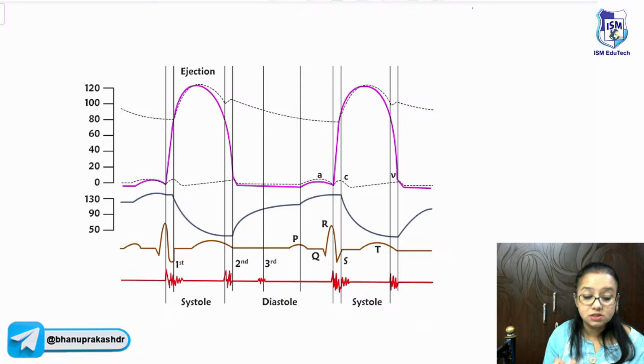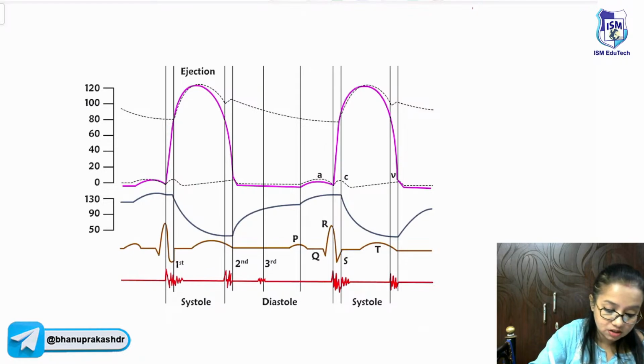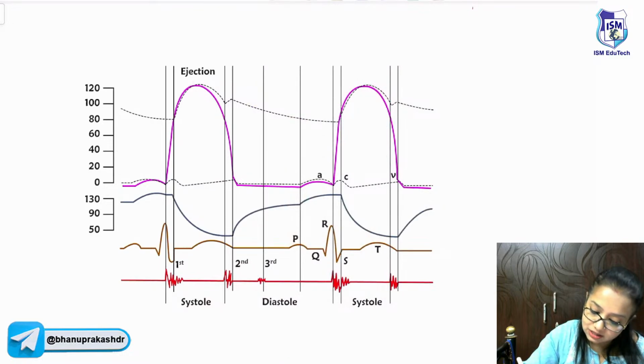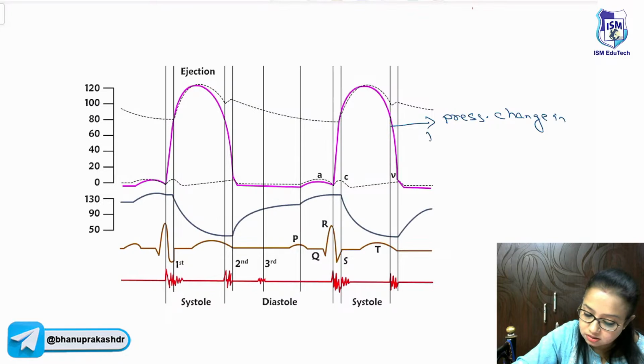Now, pressure changes of what? Pressure changes of more than one substance. Like this pink color graph we are seeing, this is the pressure change in the left ventricle.